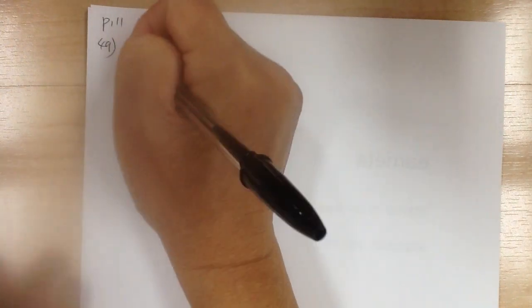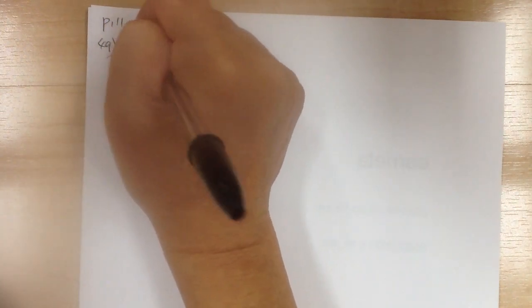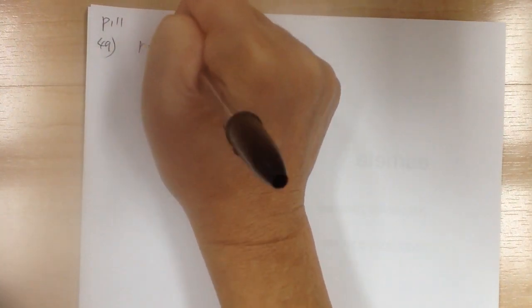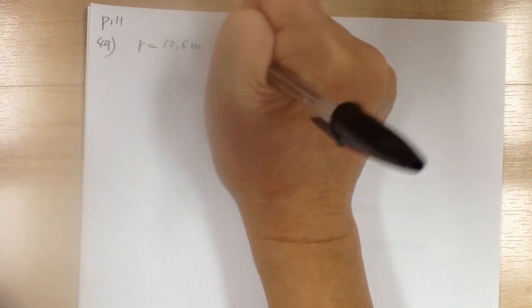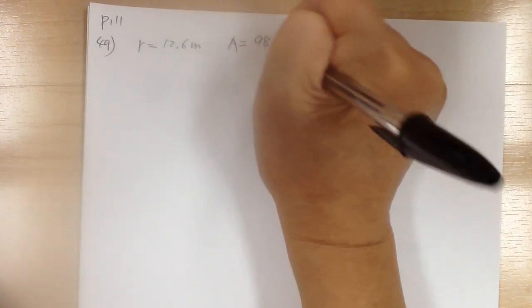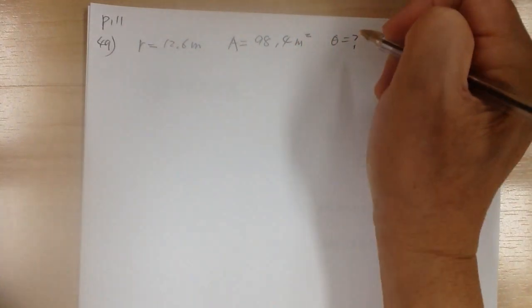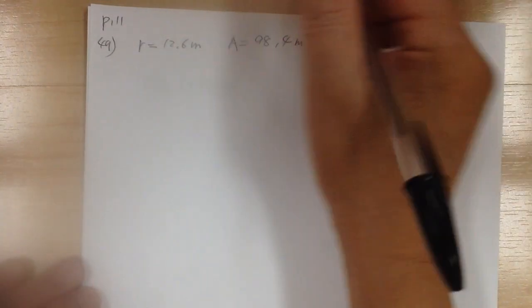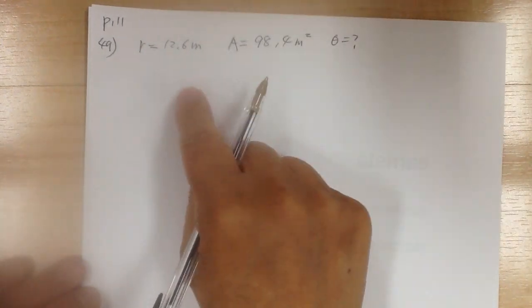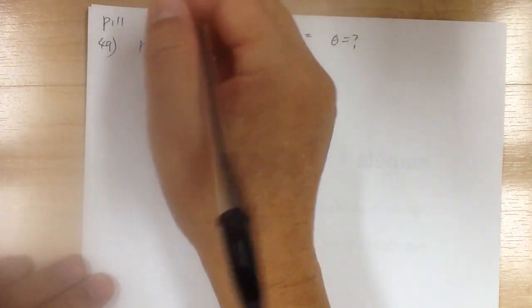Okay, let's go to the next one. Number 49. You have r equal to 12.6 meters, area equal to 98.4 meters squared, and theta equal to question mark, to 1 decimal place. So this is a sector.